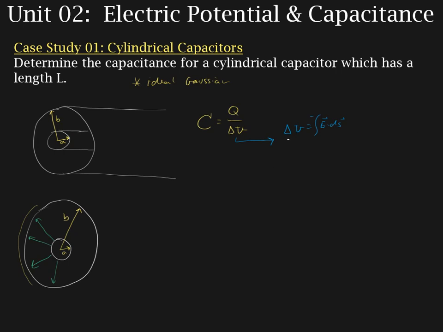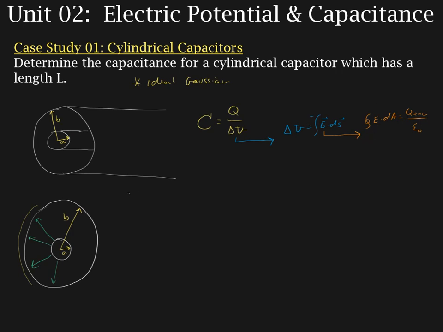Okay, so finishing this up now, we have the integral of E dot ds, and we still need E as a function of r, so that means we go to Gauss's law, which is the integral of E dot dA is equal to Q enclosed over epsilon naught.